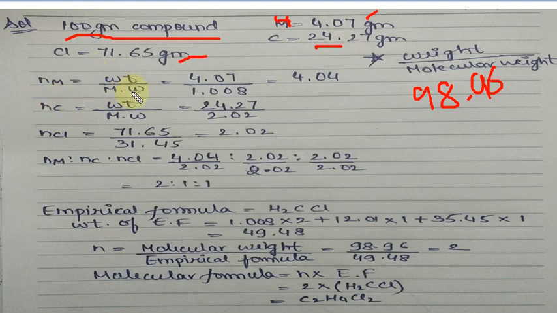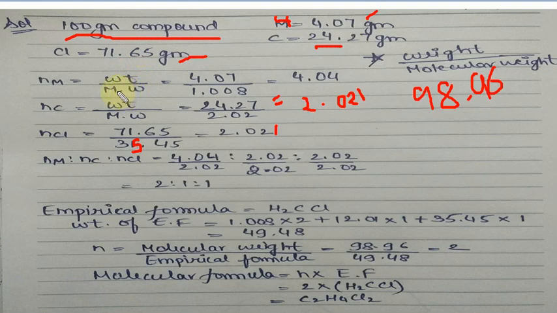So to find out the number of moles, what we do here: the number of moles is weight, which is given, divided by molecular weight, or you can say atomic weight.